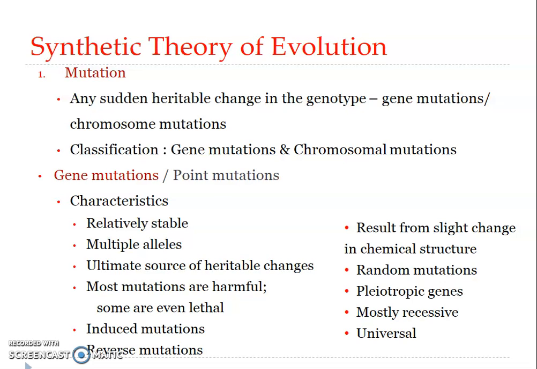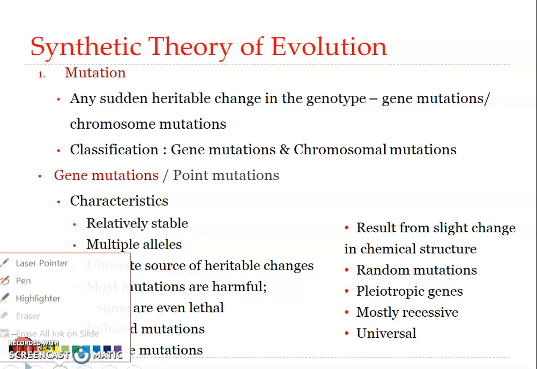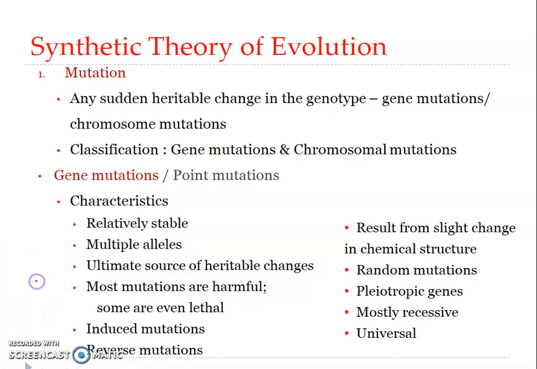So what all changes can happen in a gene mutation? There can be rearrangement. Just imagine, for example, we have a sequence like A, with complementary T. It is DNA, isn't it? So there will be double strands.